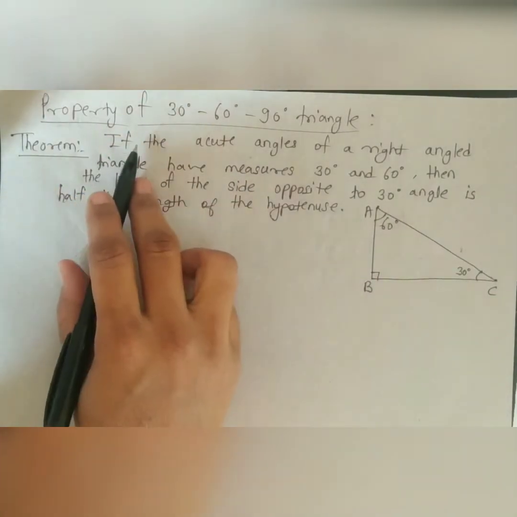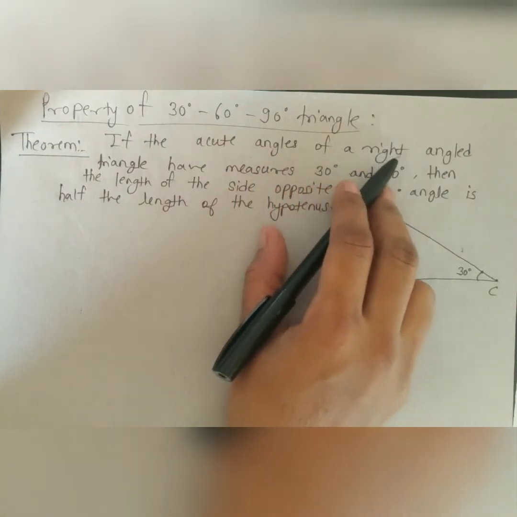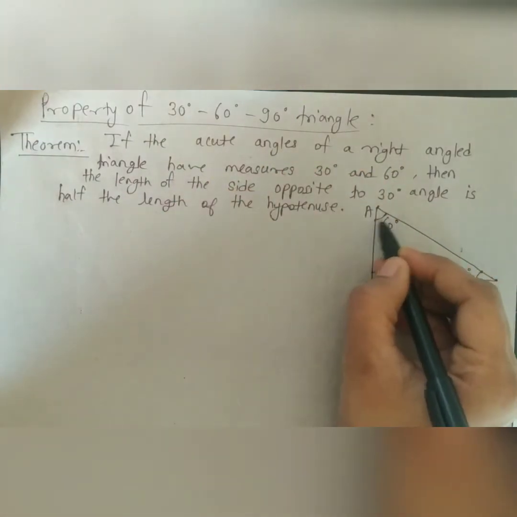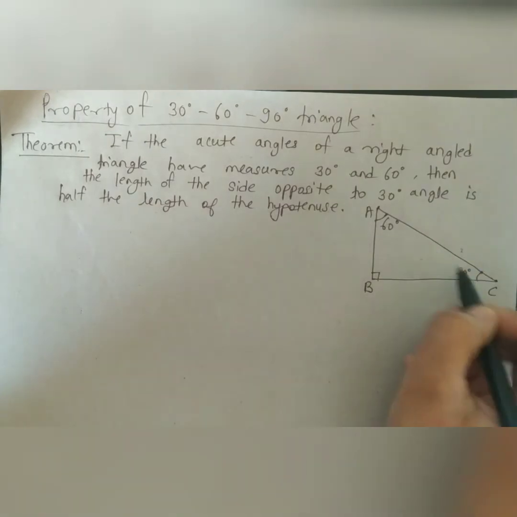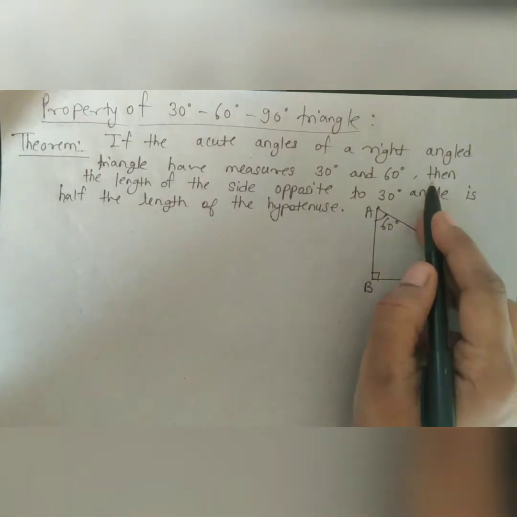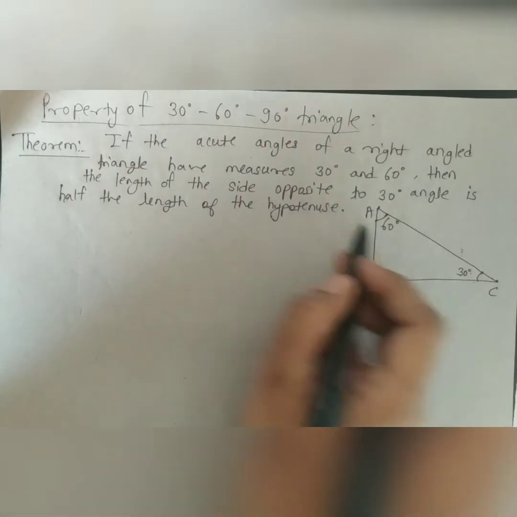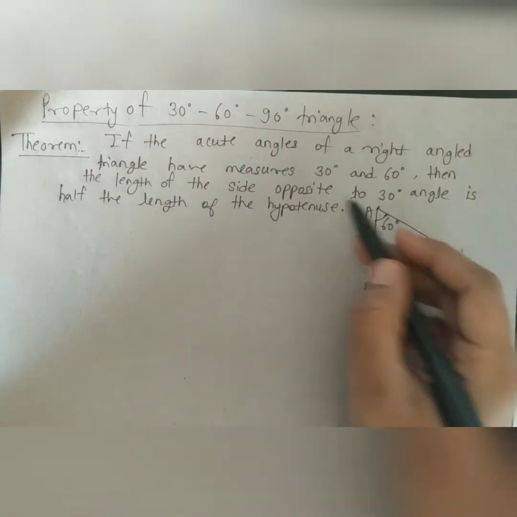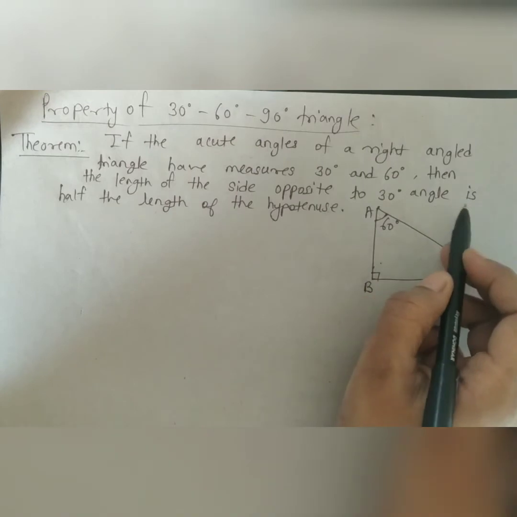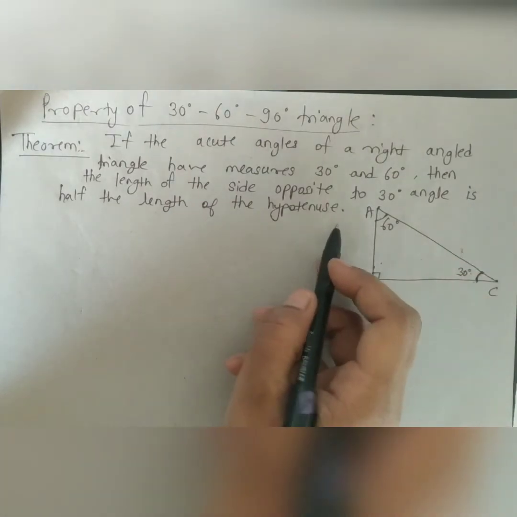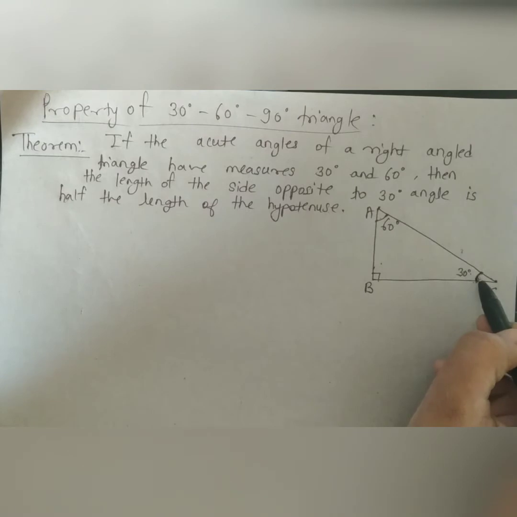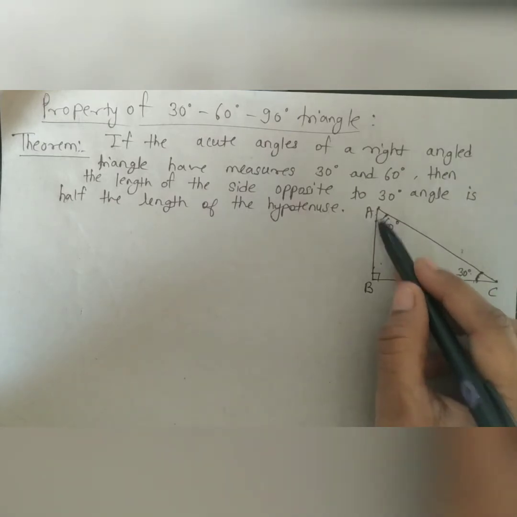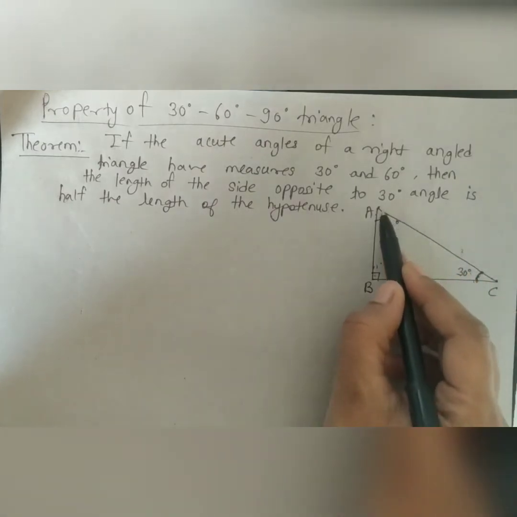This theorem says that if the acute angles of a right angle triangle, meaning this angle and this angle, have measurements 30 degrees and 60 degrees, then the length of the side opposite to 30 degrees, which means side AB, is half the length of the hypotenuse. It means AB is equal to half of AC.